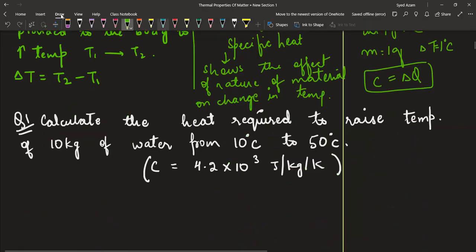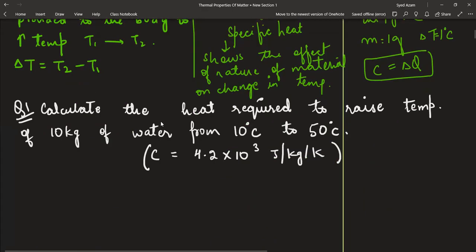Okay, coming to a very basic question based on this. It says calculate the heat required to raise the temperature of 10 kg of water from 10 degrees Celsius to 50 degrees Celsius. Now, what is the formula, Aleena? Delta Q is equal to MC delta T. This is the formula.